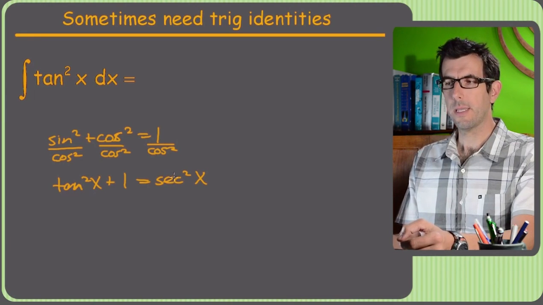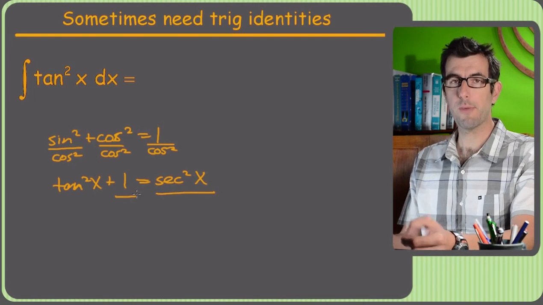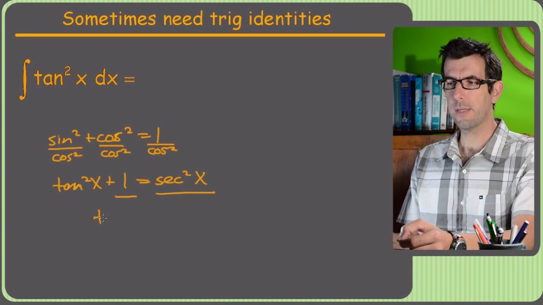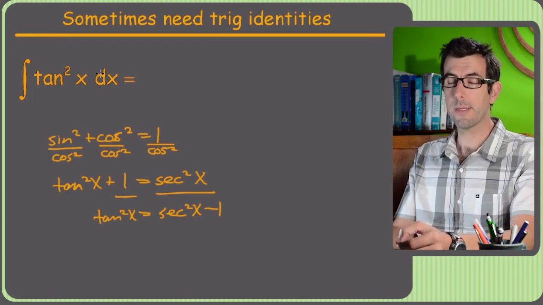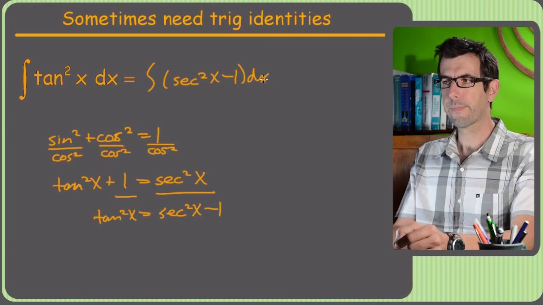Now why is this so great? Well, tangent squared is not integratable, but I have an integration formula for secant squared, and I have an integration formula for 1. It's just a power rule. So I'm going to reorganize this so that tangent squared equals secant squared minus 1, and that's what I'm going to integrate instead of tangent squared. So I'm just going to replace tangent squared with secant squared x minus 1 dx.